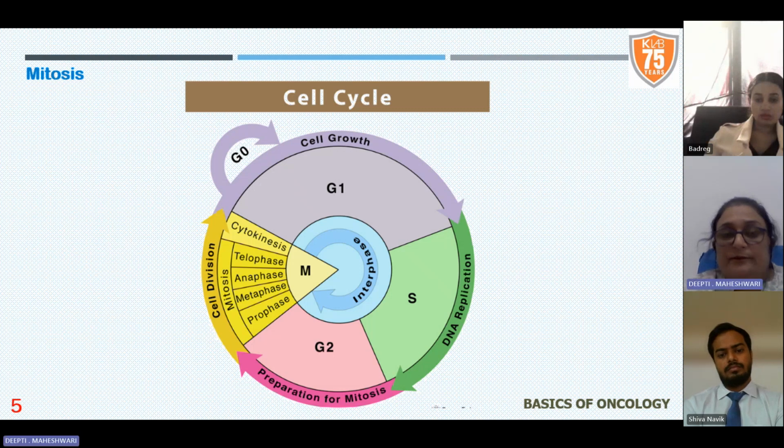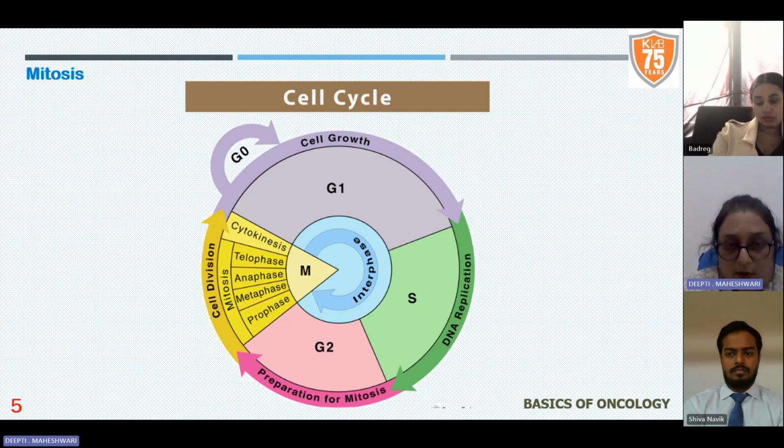So basically, when a cell has to divide from one parent cell to two daughter cells, there are different steps involved, and that is being covered in this cell cycle. As we say, cell mitosis or cell division is taking place. A parent cell is getting divided into two daughter cells.